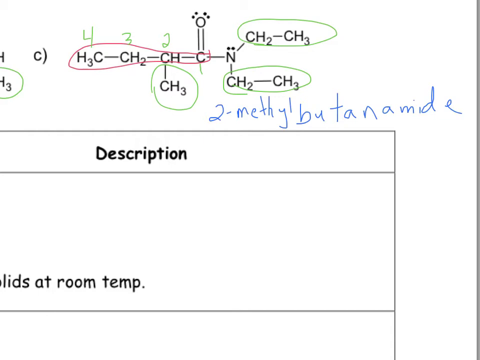I have 2 ethyl groups. Because there are 2 of them, I include the prefix di, and I use the position number N and N. Molecule C's final name is N,N-diethyl-2-methylbutanamide.